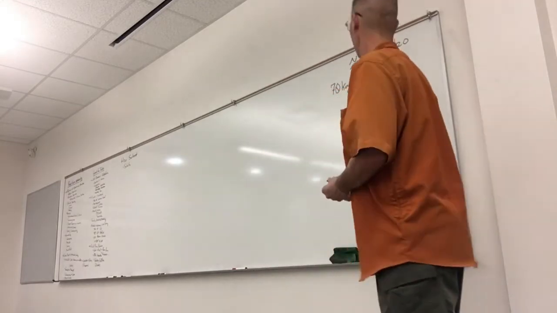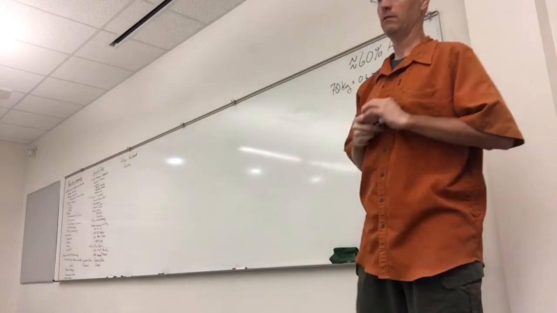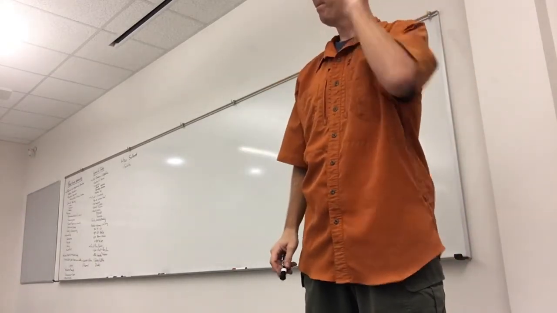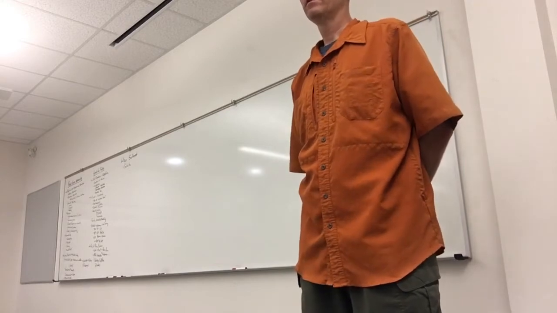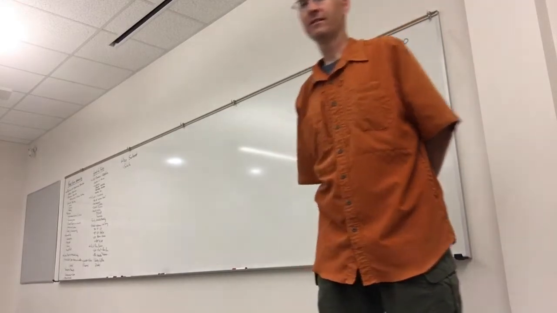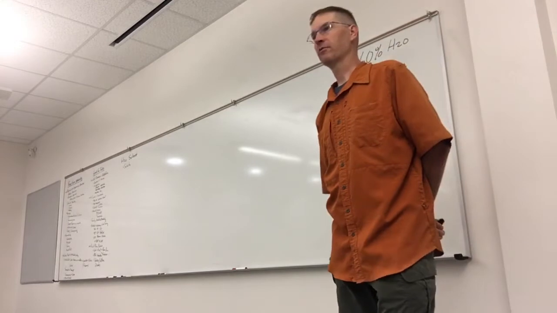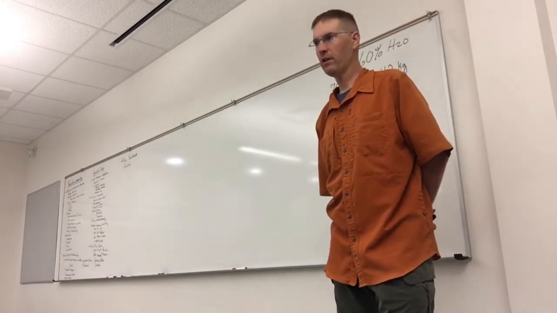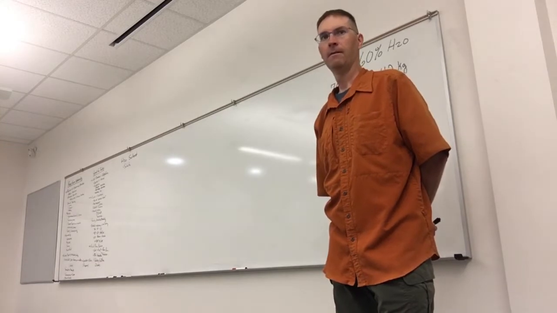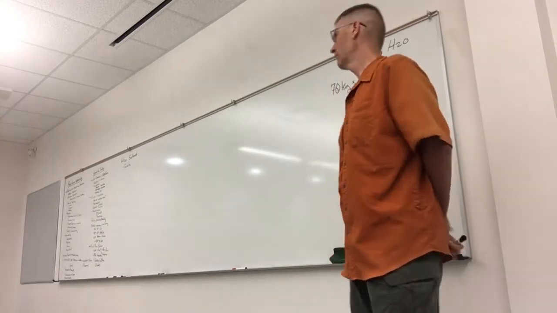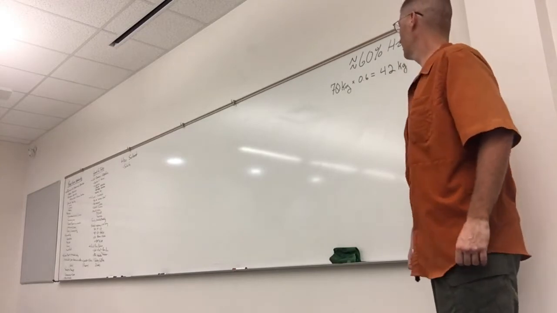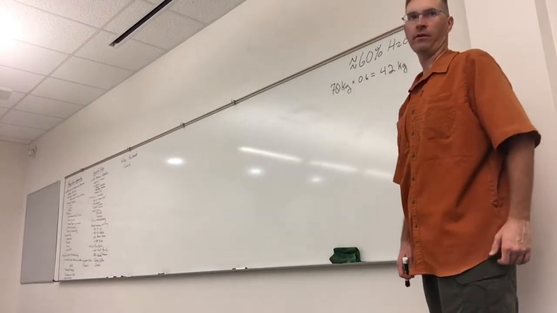So how many liters of water is that? This goes back to pharmacology. There's this really easy conversion, right? The metric system makes this conversion very easy. We said that 60% of an average adult's weight is water, right?